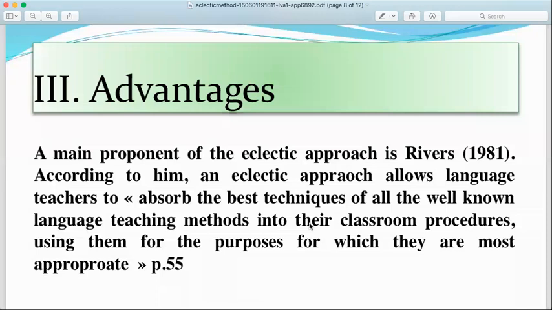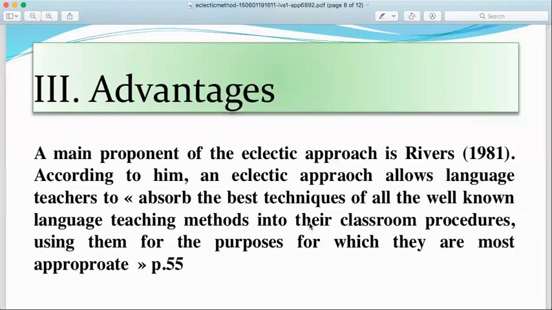We have already talked about the role of the teacher in the eclectic classroom, which is just a facilitator. Her role is of course very important in the background because she's the one who would be selecting everything for the class. But during the class it is usually learner-centered and she acts as a facilitator.